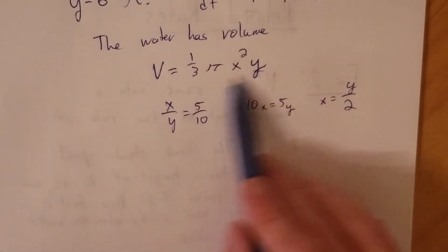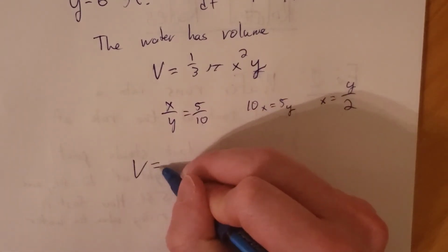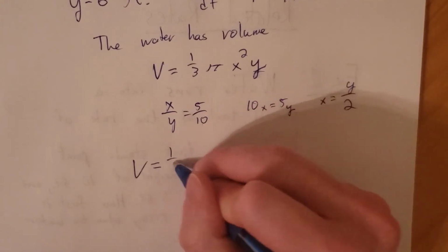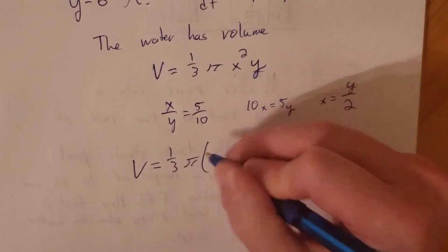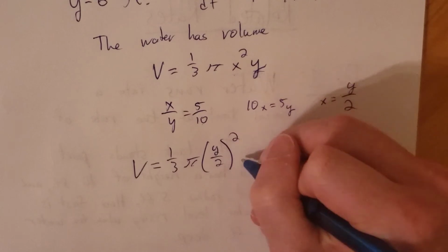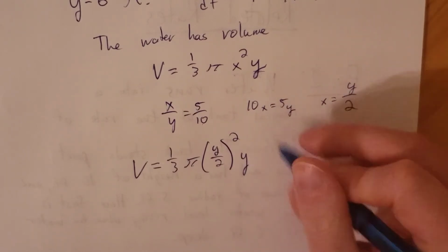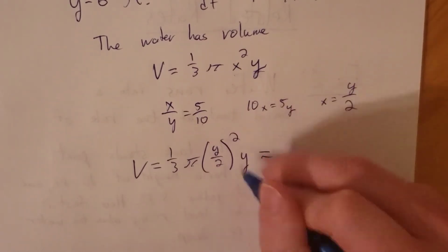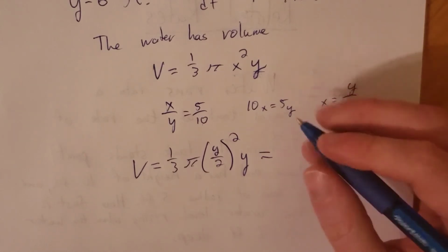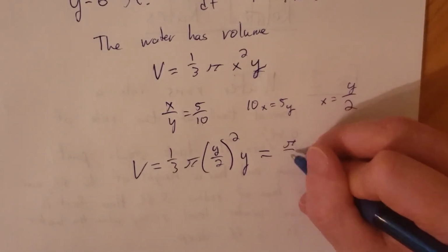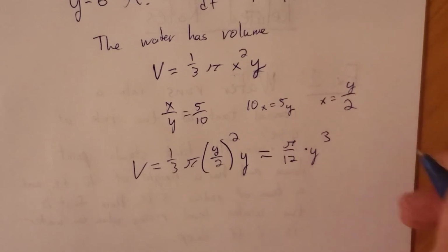So we can replace here now. So this is v is equal to 1/3 pi (y over 2) squared times y, which when we square this and reduce everything, we get that v is equal to pi over 12 times y cubed.